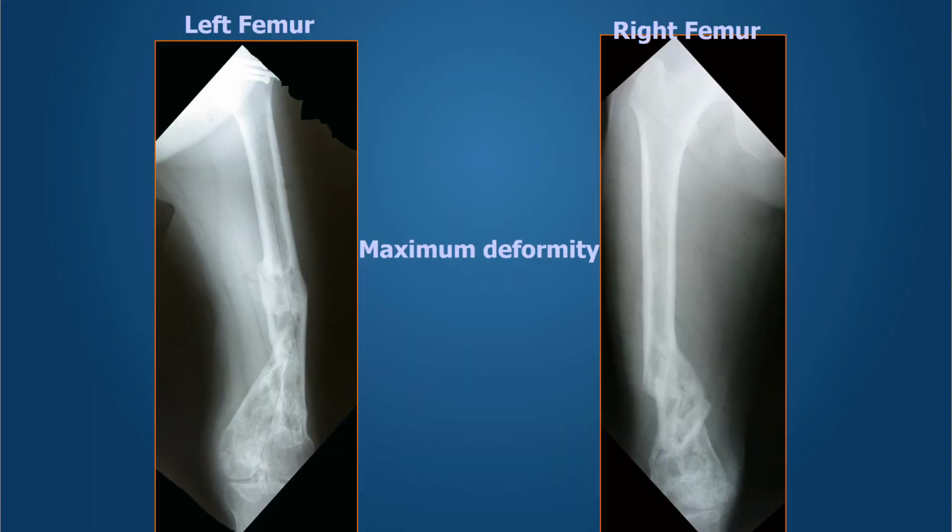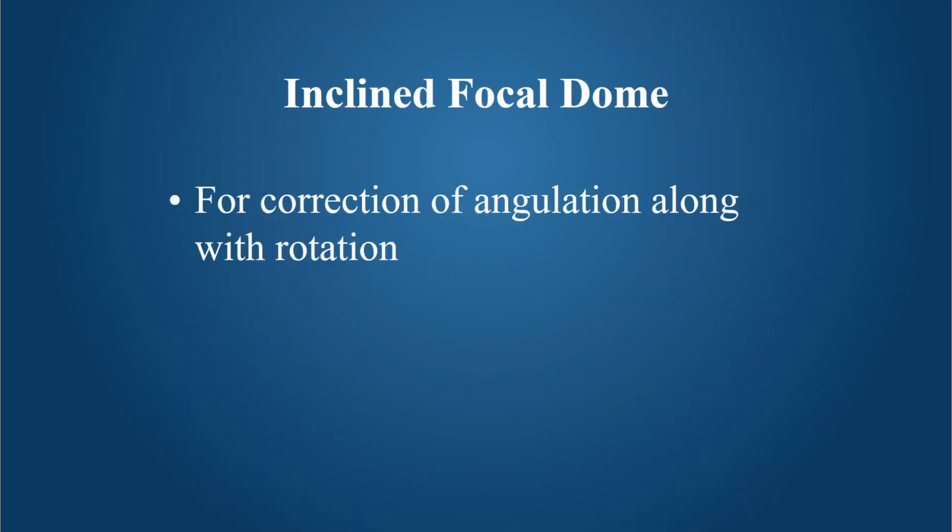So when we took the left femur to find the plane of the deformity and obtain the oblique plane x-rays, we found the maximum deformity like so in the left femur and in the right femur. So what we have to do to correct an oblique plane deformity along with rotation is to use the inclined focal dome.